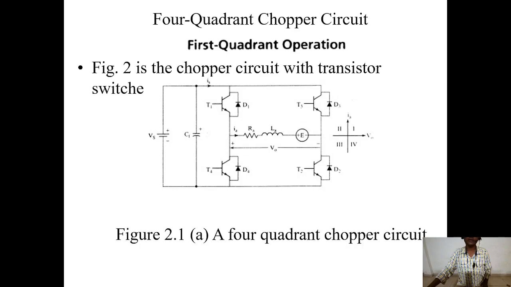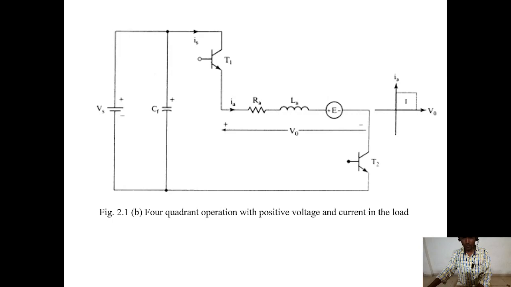Either T1 or T2 can be triggered on to get proper output, so any one is acceptable, or both T1 and T2 can be simultaneously in the on state for first quadrant operation. This is the first quadrant chopper circuit.